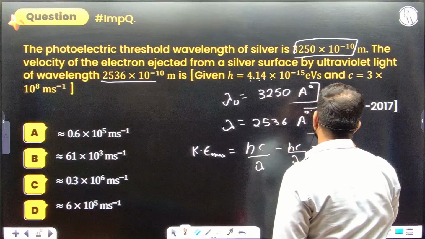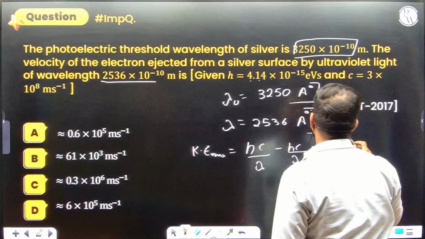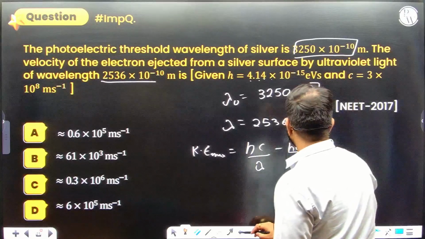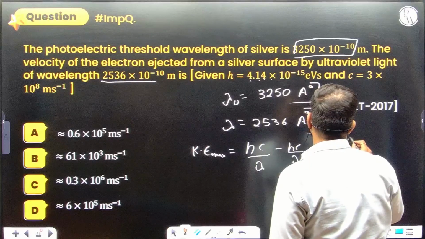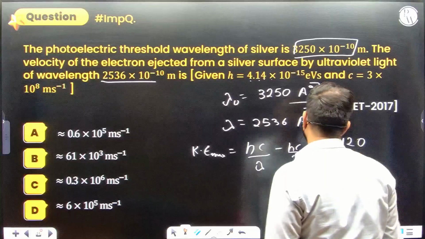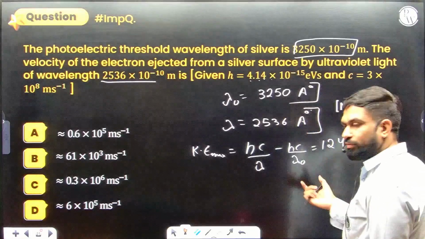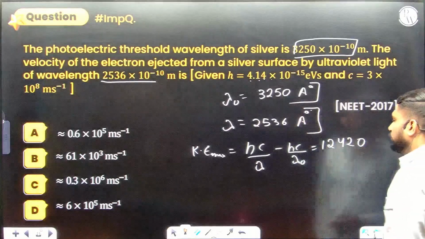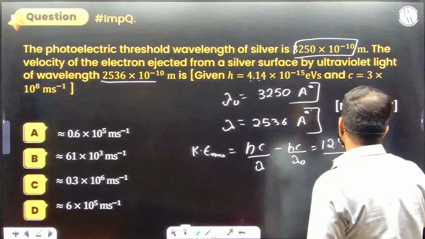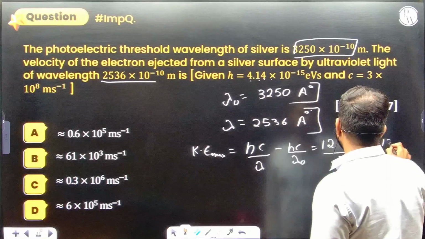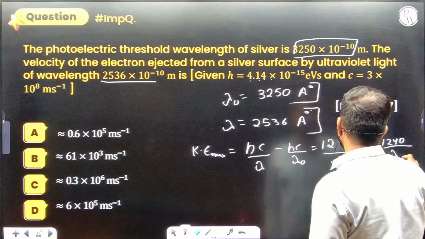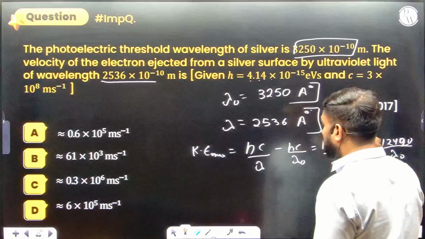and if I use this data then it will be 1242 approximately. We wrote it 1240, but here I'll write 1242 approximately, over lambda, and in the same way 1240 over lambda naught, and they both are in angstrom, so it will be good to go.